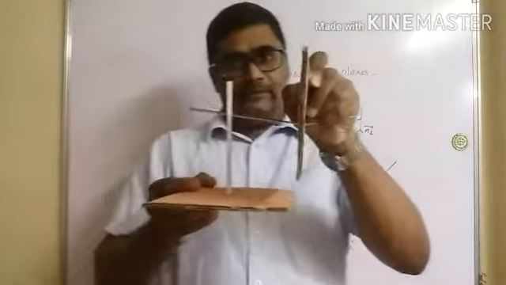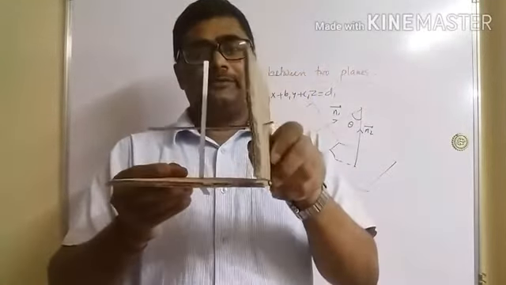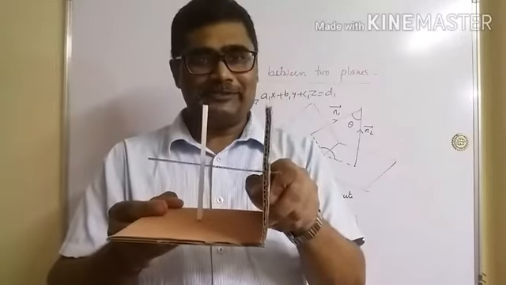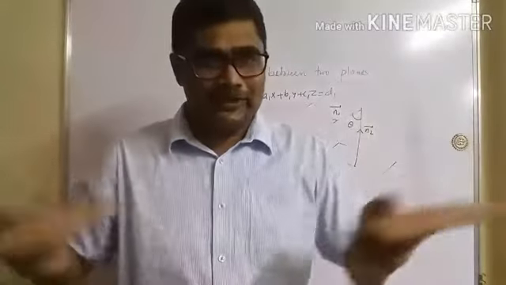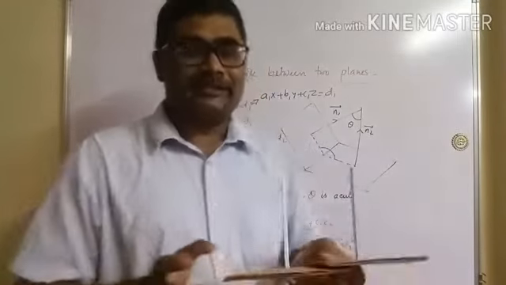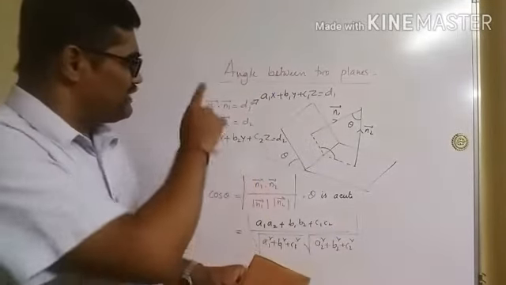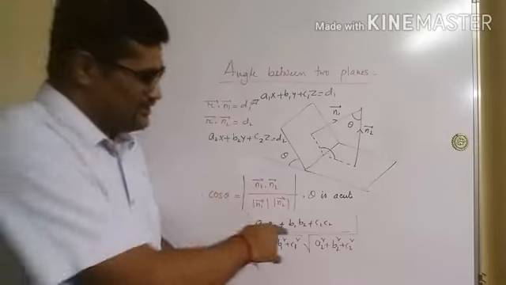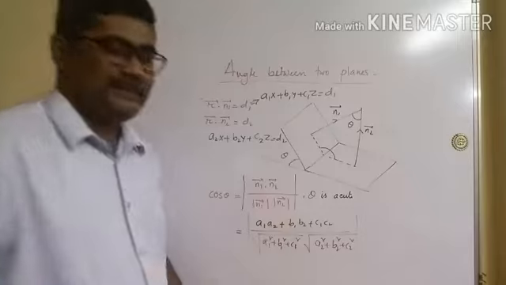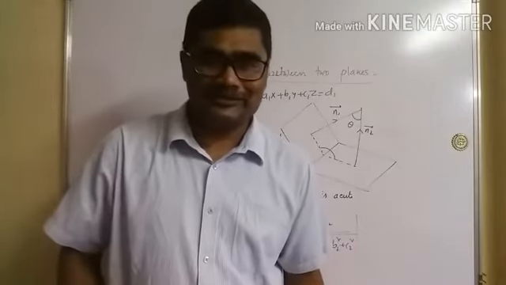And then if you talk about perpendicularity, what will you observe? Again the same thing, n1 perpendicular to n2. Now when two vectors are perpendicular, their dot product is 0, which means these two planes will be perpendicular if n1 dot n2 equals 0. That means in Cartesian or component-wise expression, a1a2 plus b1b2 plus c1c2 will be 0, right?